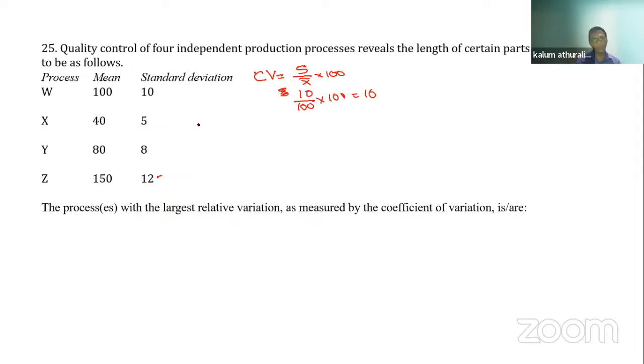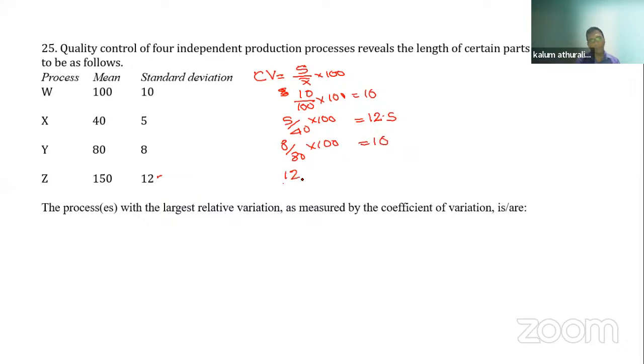Then process X. S is 5, standard deviation. Mean is 40 into 100. Value is 12.5. Next one. Standard deviation 8 divided by 80 into 100. It is also 10.